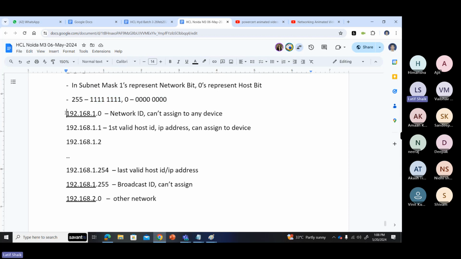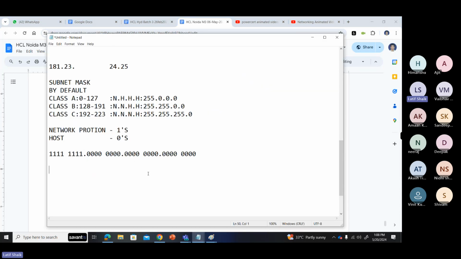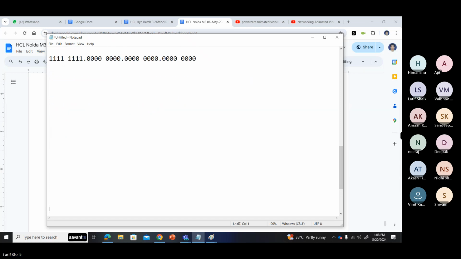Guys, there is a network here, one network. Take an example of a network. This is the starting address, called the network ID, which we cannot assign to a device.